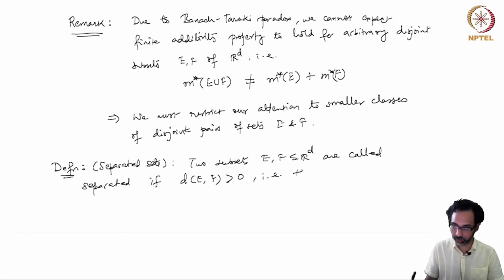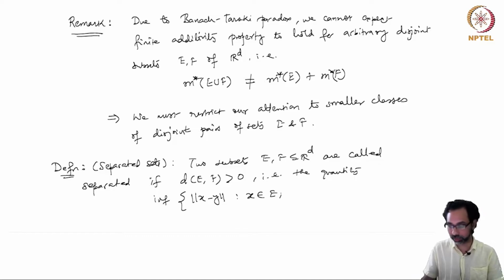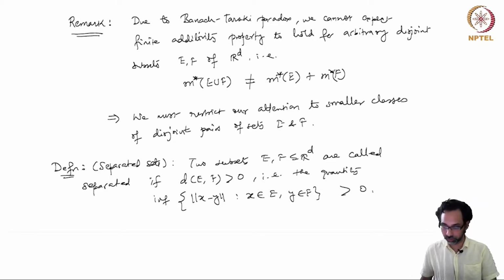This is the quantity given by the infimum of the Euclidean distance between two points x and y, such that x is in E and y is in F. So this infimum is strictly greater than 0. In this case we call E and F separated.